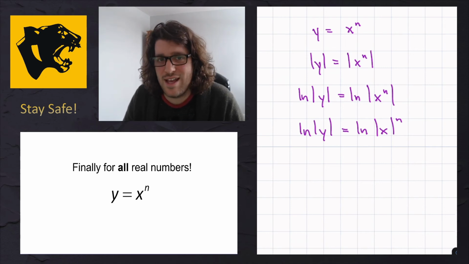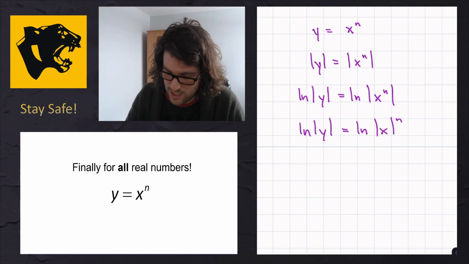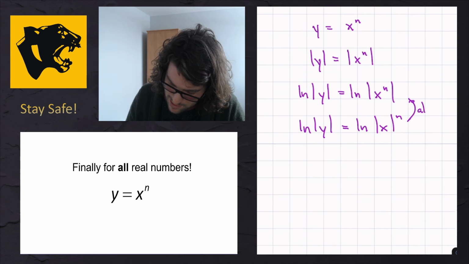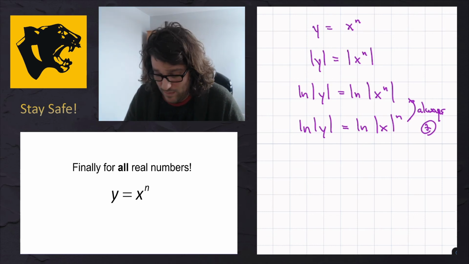Just like the result has to be positive in both cases if you take the absolute value after the power has been taken. So in both of these cases, we're going to get something that is always positive.